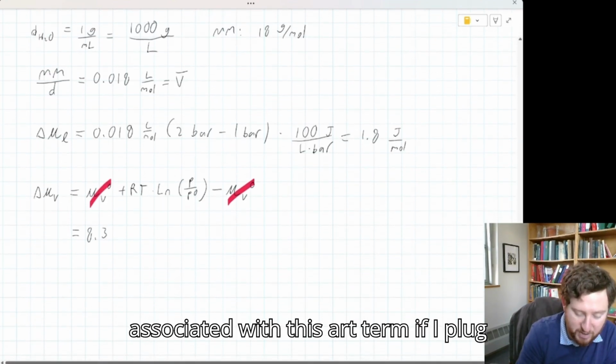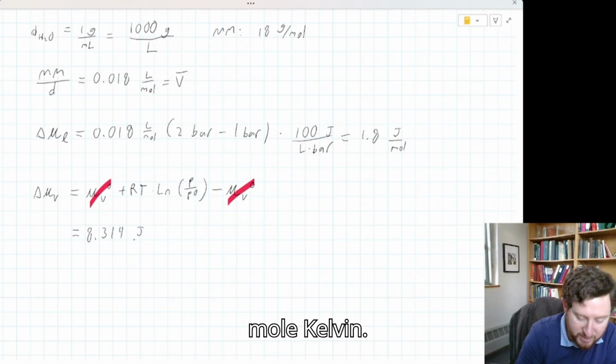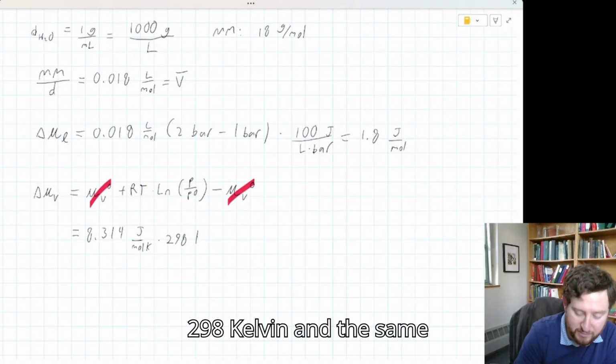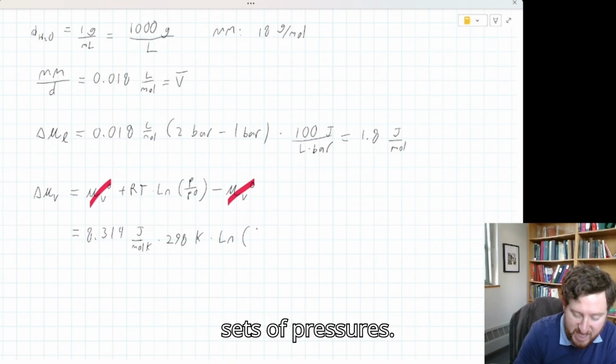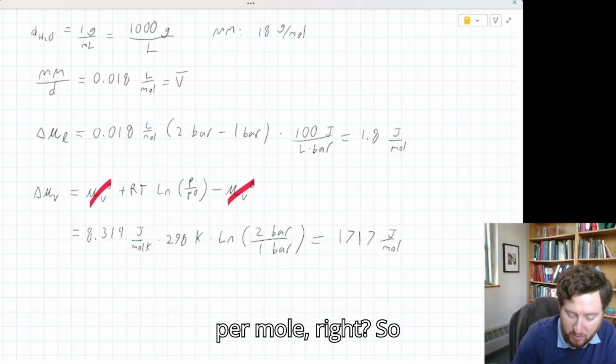If I plug in 8.314 joules per mole Kelvin, 298 Kelvin, and those same sets of pressures, I get 1717 joules per mole. Right?